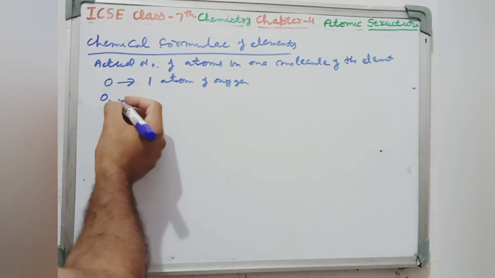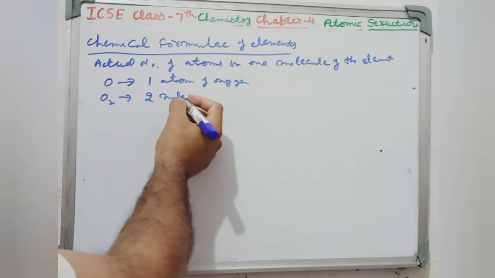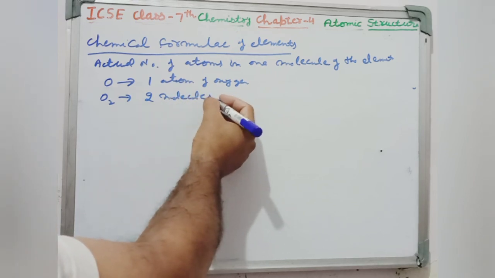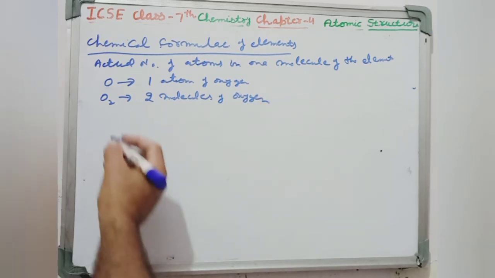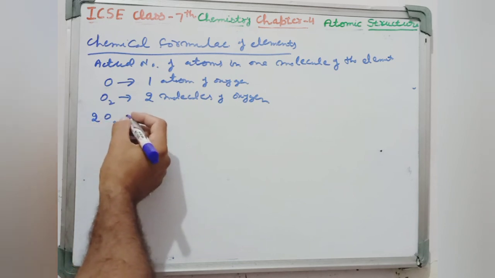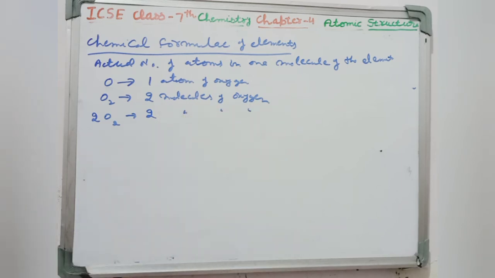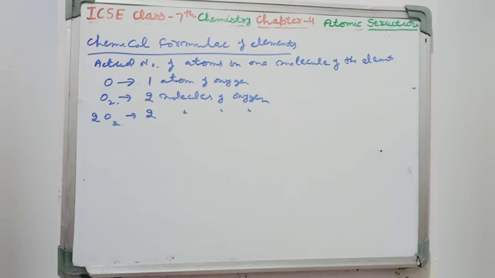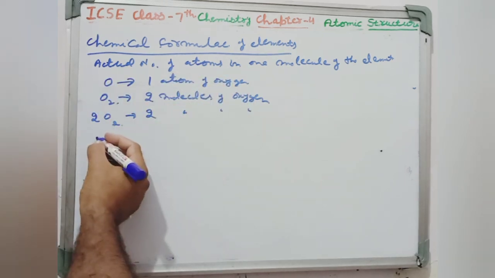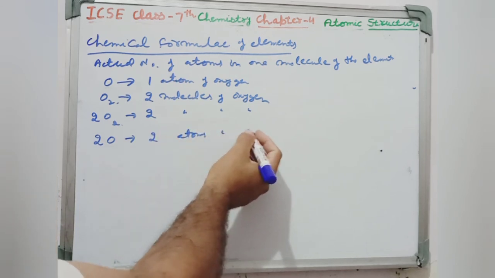Suppose I write O2. It means a molecule of oxygen, not an atom. If I write 2O2, it means two molecules of oxygen, right? This subscript in O2 denotes atoms in a molecule, and this number in front denotes molecules. If I write 2O, these are two atoms of oxygen.